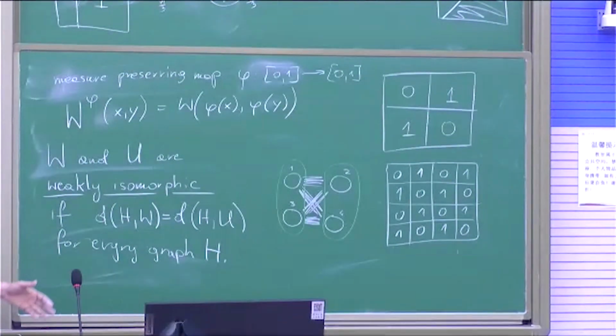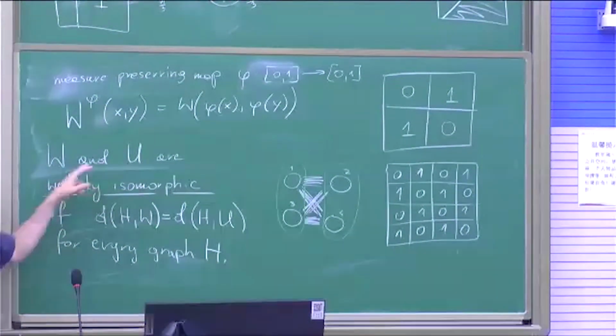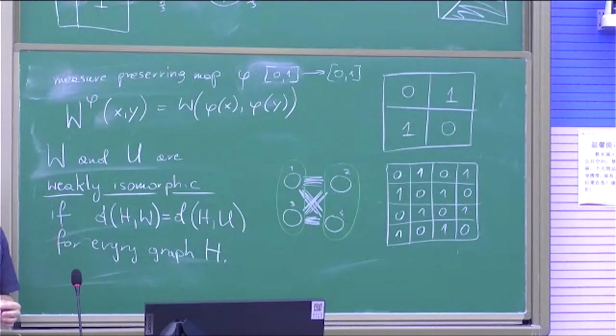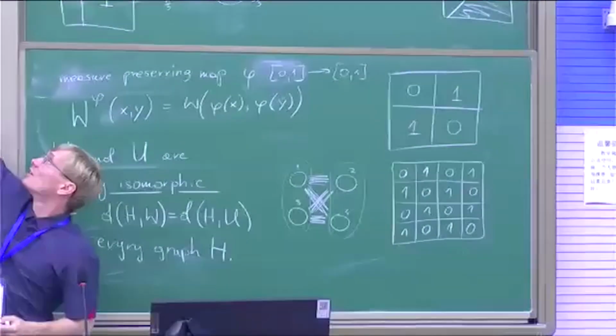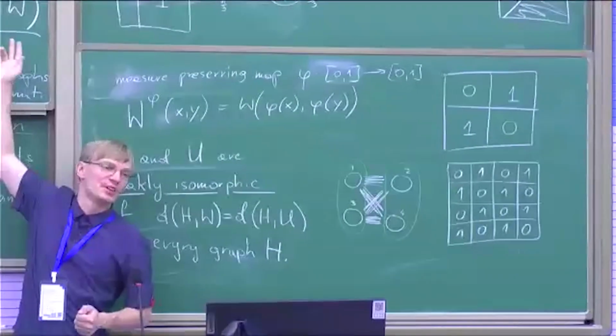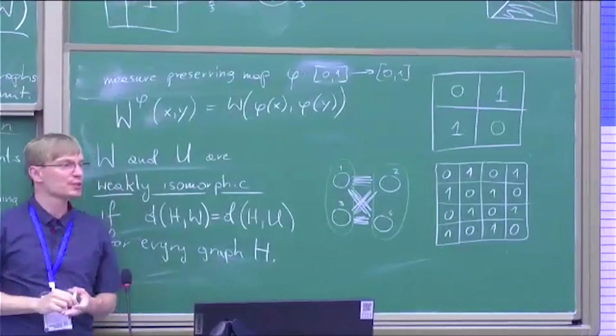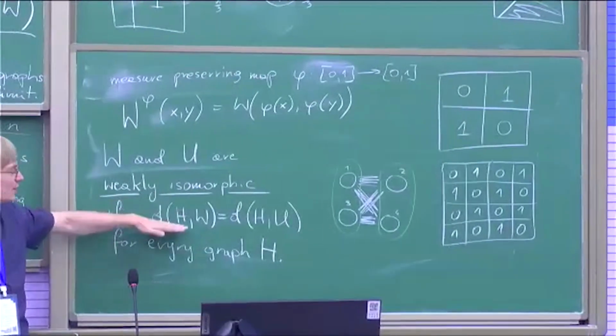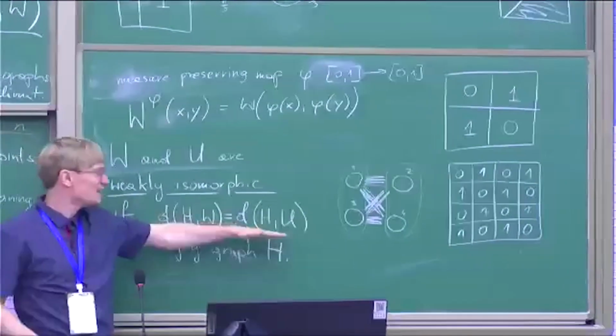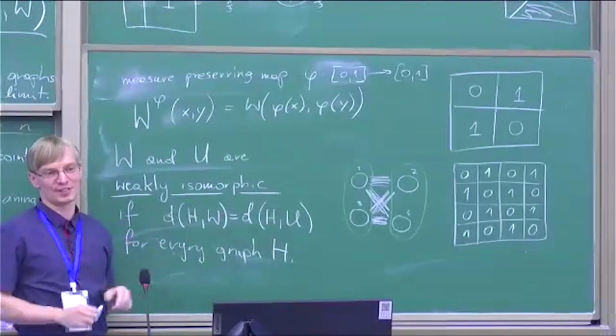In other words, 2 graphons are weakly isomorphic if they are limits of the same graph sequences, because the densities of every graph in each of the graphons are the same.